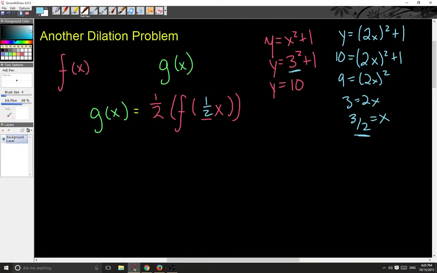And it's kind of just for the opposite reason that it was here. When we put in the 2, it basically halved the value of the x-coordinate. So to double the size of our x-coordinates, you'd want to multiply by 1/2. So I believe this would be our answer to this problem.